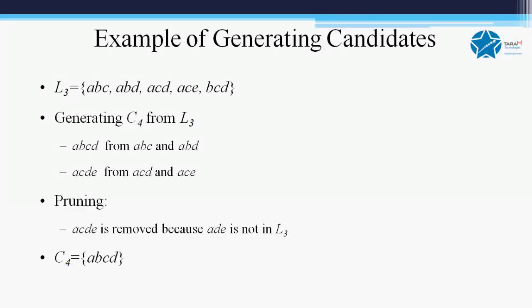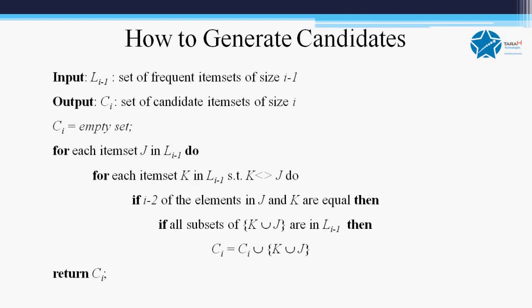We start with the frequent item sets of size I. Then for each item set of size I-1, we look at whether any two elements in there are equal, and we try to remove them and create an optimal incremental item set to the existing item set of size I-1.